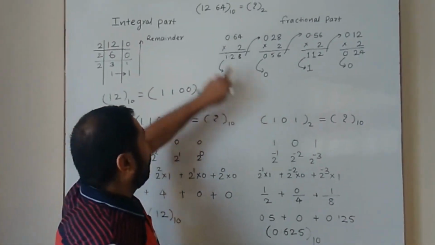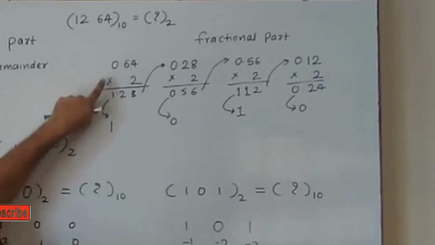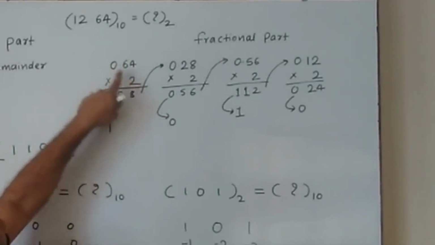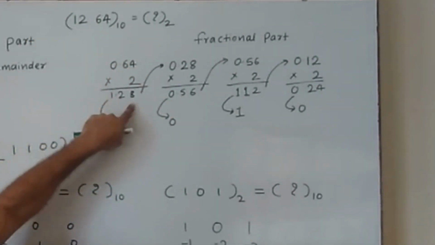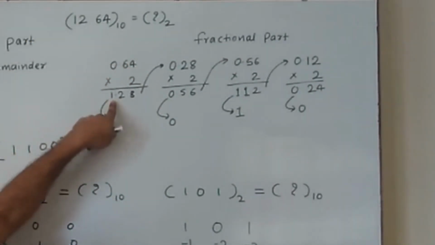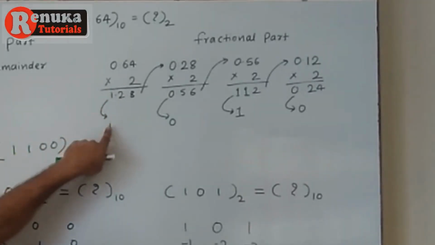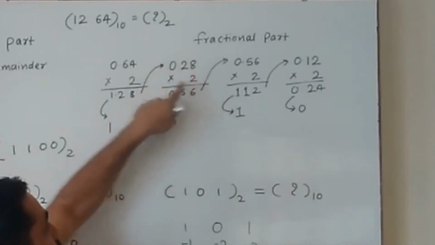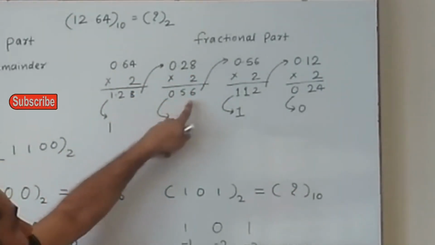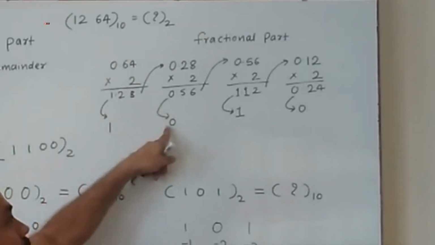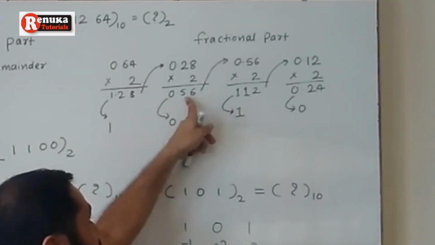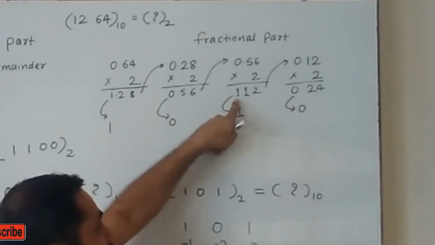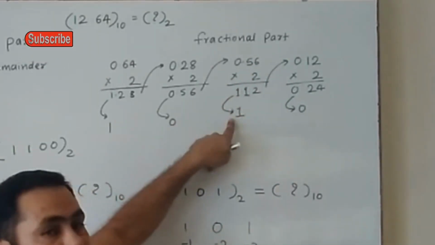Now for the fractional part, only the fraction has to be taken. Here 0.64 is the fraction. This has to be multiplied by 2. So 2 multiplied by 0.64 comes to 1.28. Here 1 is the integer, and that integer is noted. After this only the fraction is taken. So 0.28 multiplied by 2 gives 0.56, and 0 is the integer, which is noted. Again the fraction 0.56 is multiplied by 2, giving 1.12, and again the integer is noted.